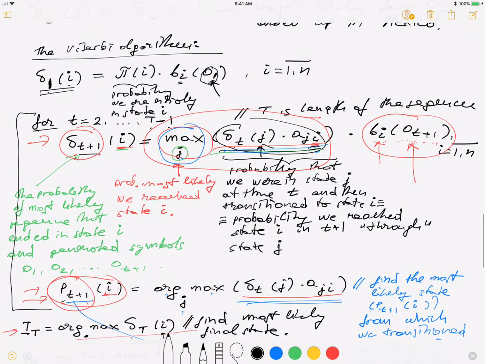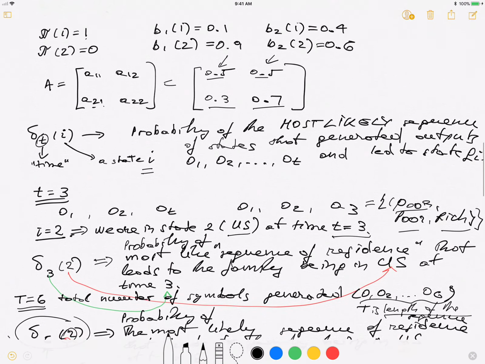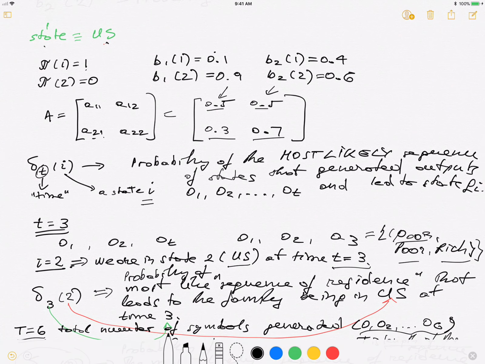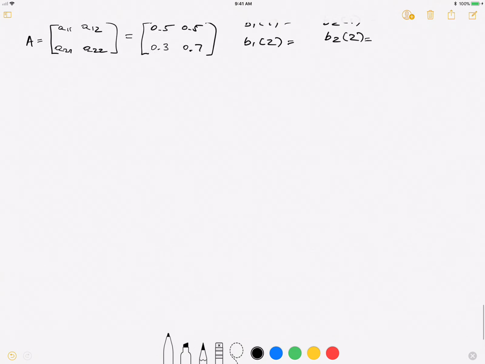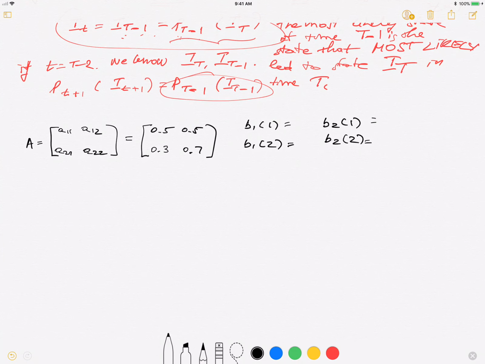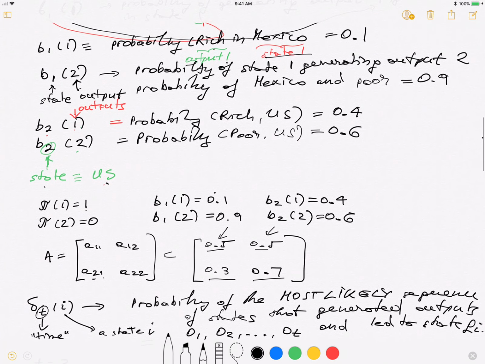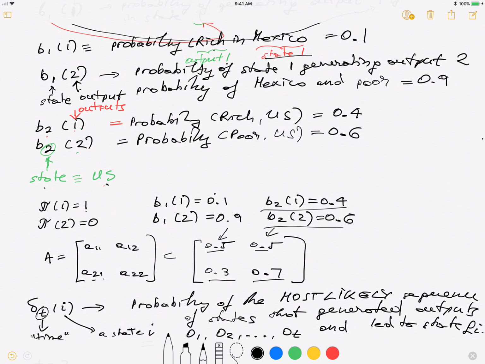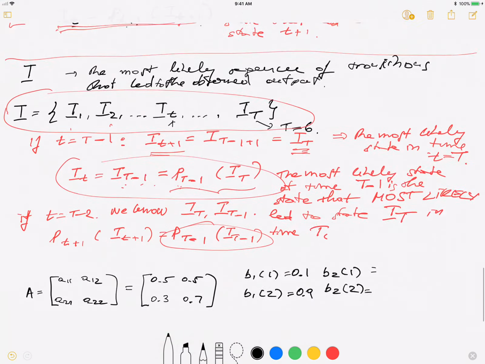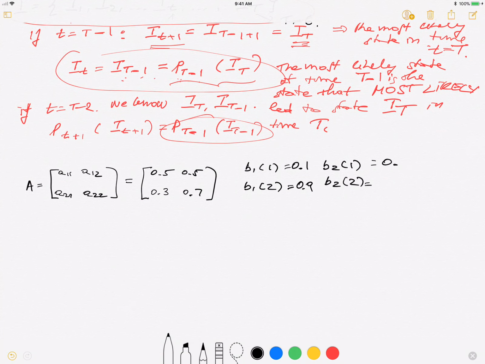B11, B12 are 0.1, 0.9, and B21 and B22 are 0.4 and 0.6. My initial probabilities: pi of 1 is 1, pi of 2 is 0.